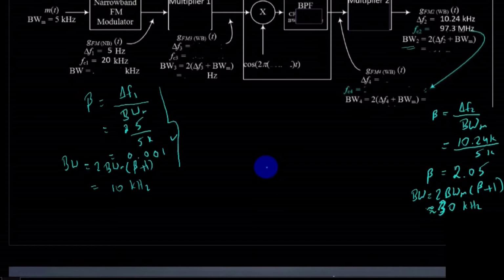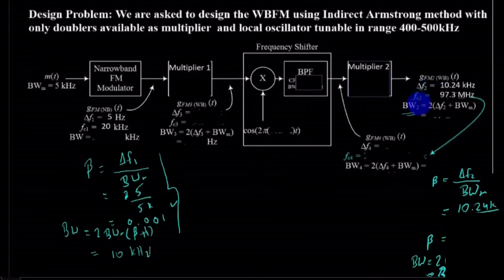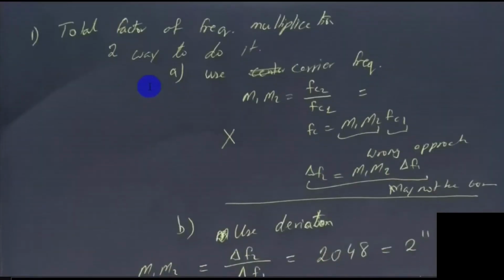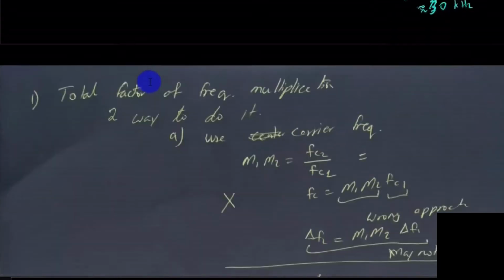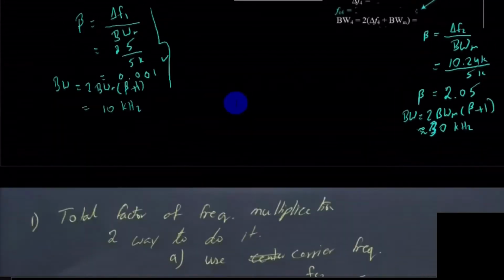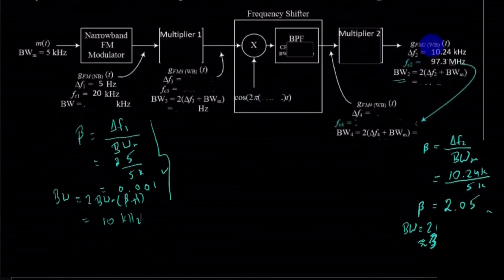Next in line is the design of the rest of the parameters. For that, the first thing we would do is try to factor in the number of multipliers that we would need. By that, I mean that we know the carrier frequency at the output of wideband FM, and we know the carrier frequency FC at the output of narrowband FM.